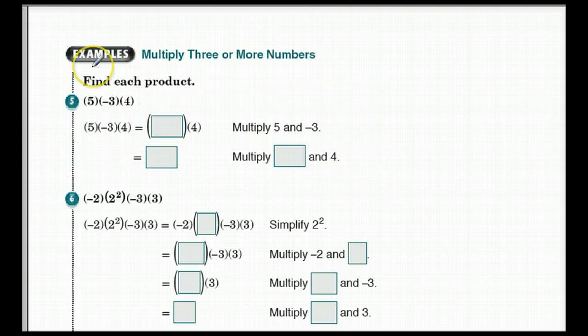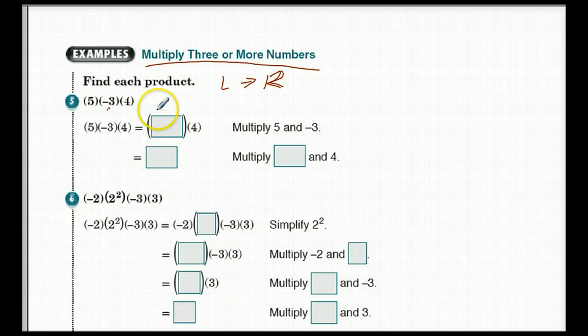Alright. So now we're going to multiply 3 or more numbers together. So we're going to find each product. It's the same process, only this time, remember the order of operations, we move from the left to the right. So we're going to keep that left to right. So we have 5 times -3.